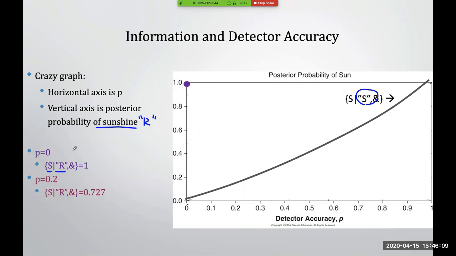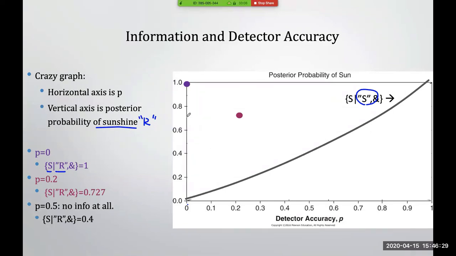And the probability of a sunny day given a rainy day message is now 0.727, corresponding to this point. When p is equal to 0.2, the probability of sunshine is 0.727, given a rainy day message.